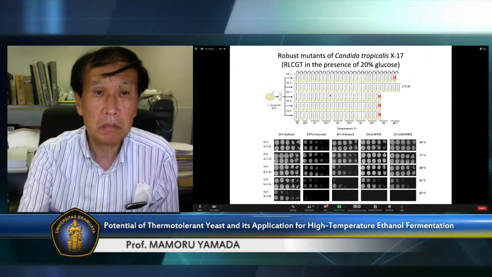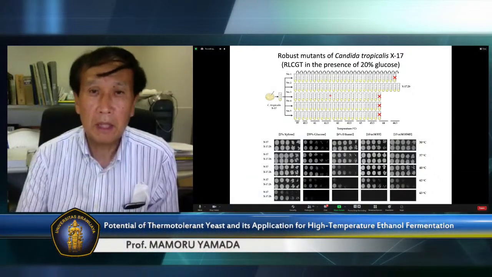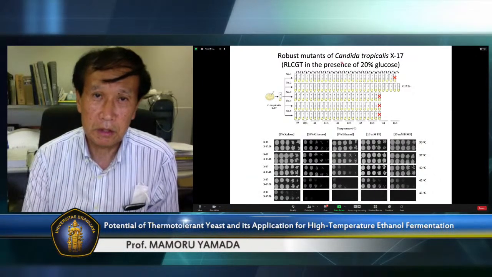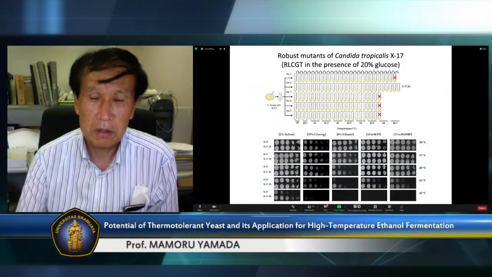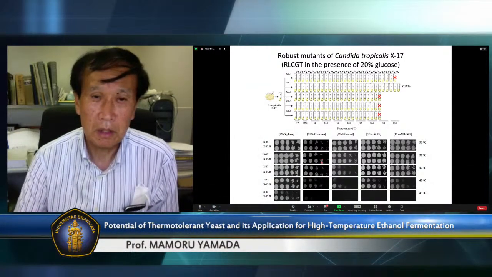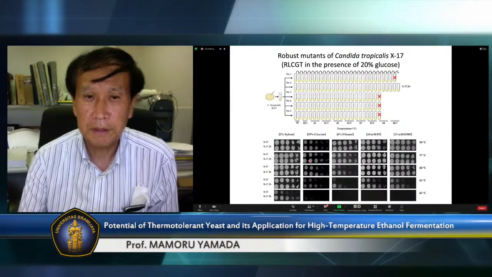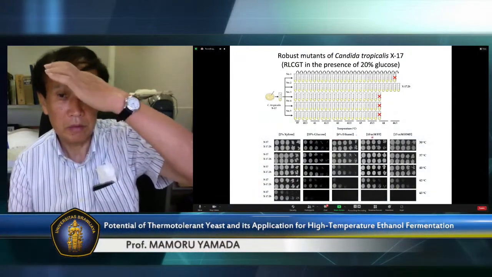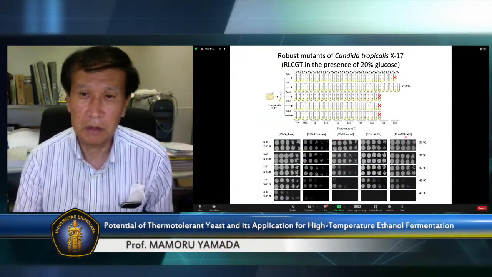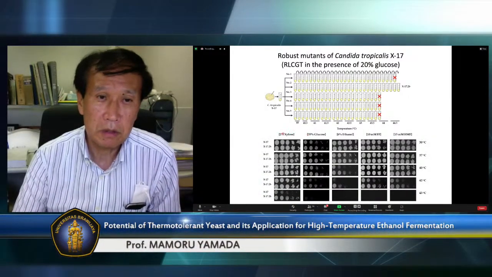We used this technology for improvement of another yeast, Candida tropicalis. In this case, we tried 4 tubes and obtained 1 mutant. This also shows a robust mutant phenotype: resistance to high glucose, high ethanol, furfural and hydroxymethylfurfural. And this strain can also use xylose.